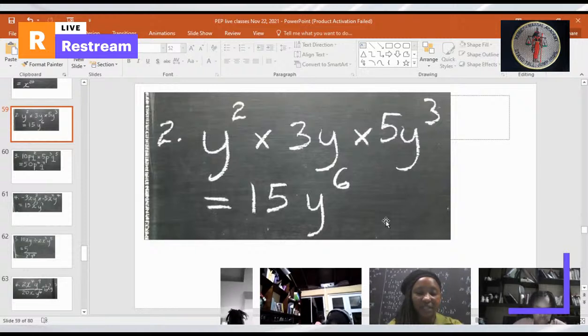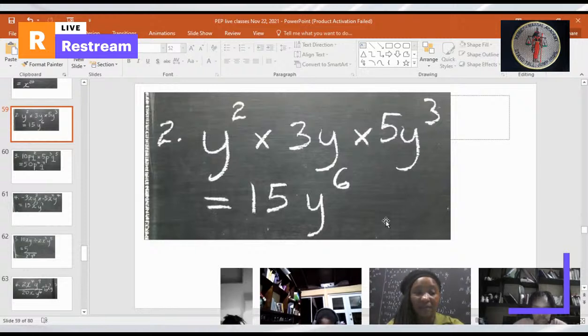And then Drayshawn is saying we add the powers. So for the y squared, we add the 2. The y actually has a power of 1, and this is very important. Drayshawn called it the imaginary 1. In algebra, when there's a 1 as a coefficient, or a -1, we don't need to write it, but we should always remember that it exists.